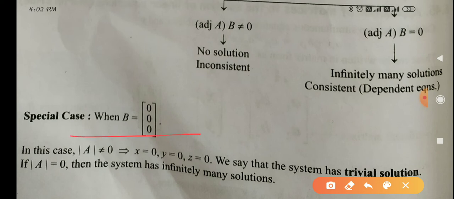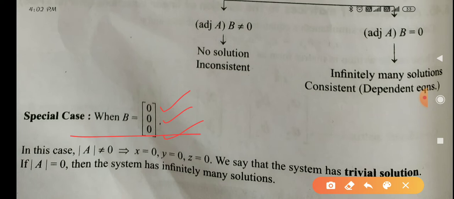If in the given equations the constant term is 0, then the matrix made by the constants will be 0, 0, 0. The matrix made by the constants you take in RHS, which I told you, you have to take constants in RHS.